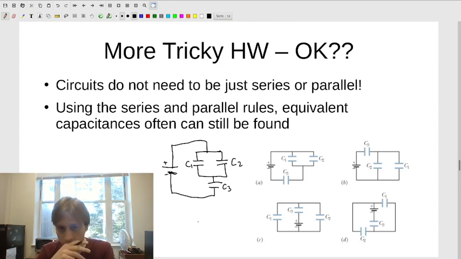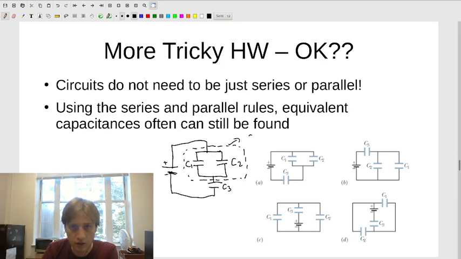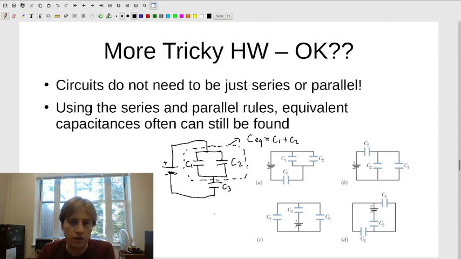If I wanted to find the equivalent capacitance of this, here's how I'd do it. I would first treat this as a single capacitor with a capacitance of C1 plus C2. Then, once I've done that, I have a capacitor in series with another capacitor.